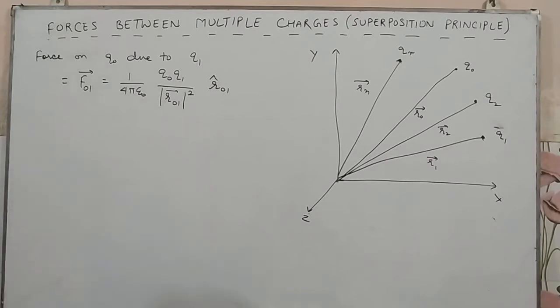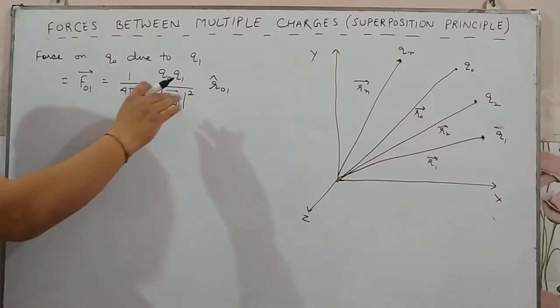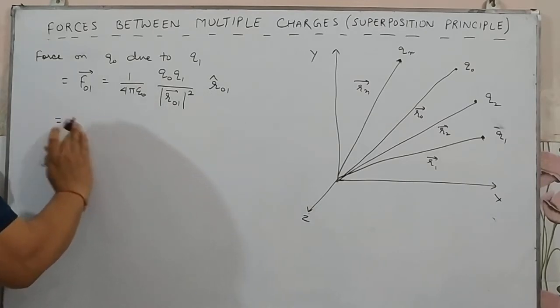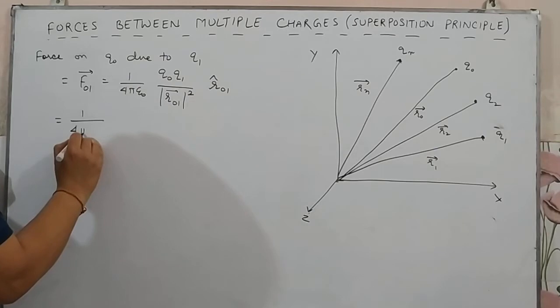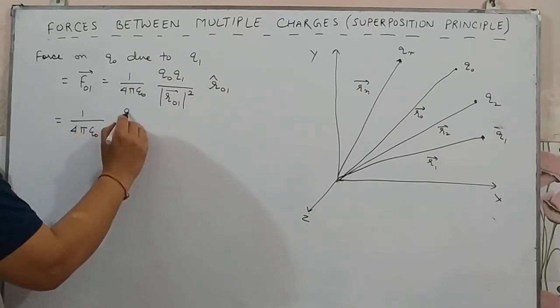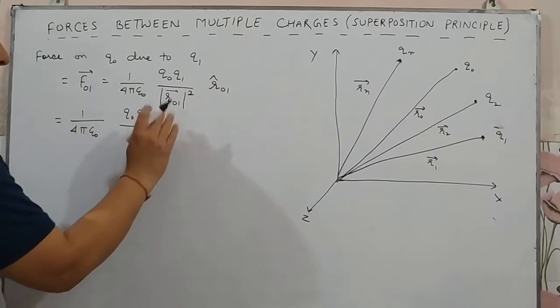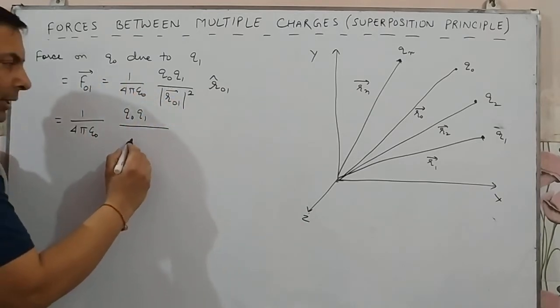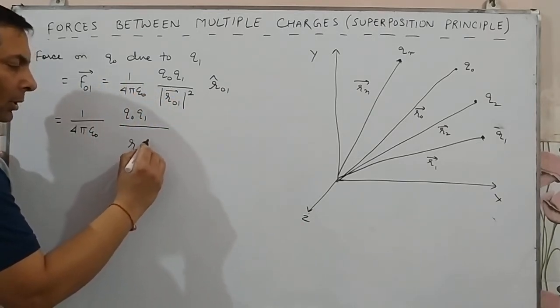Then it can be further expanded. How? This is written as 1 upon 4 pi epsilon naught, q0, q1, and here this is the square of the magnitude, so we can write it as r01.